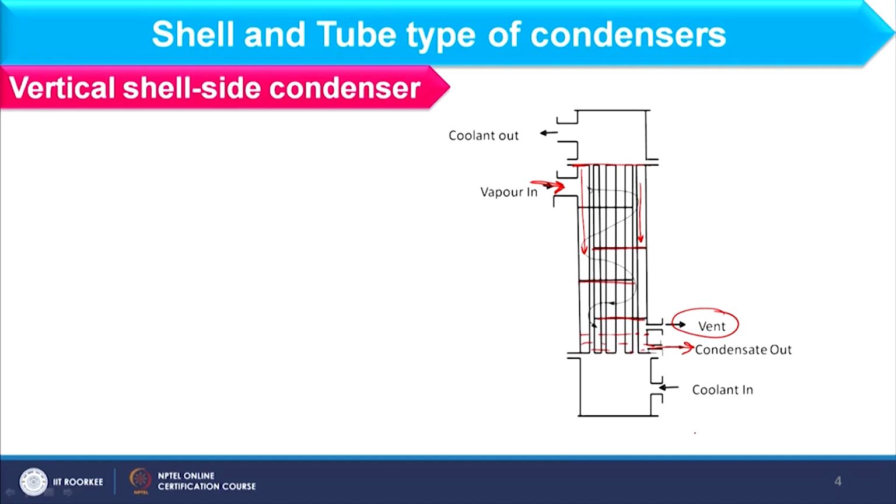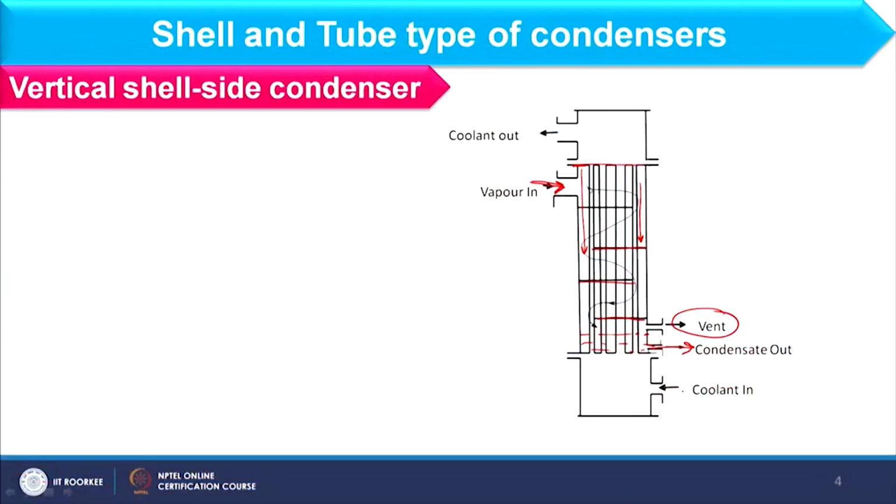It is not made for condensate to come out. To let the condensate come out we usually consider steam trap as we have discussed in the last lecture. And in this case coolant usually enters into tube side and exits from the top. So, this is the basic functioning of vertical shell side condenser, and further we will discuss vertical tube side condenser.